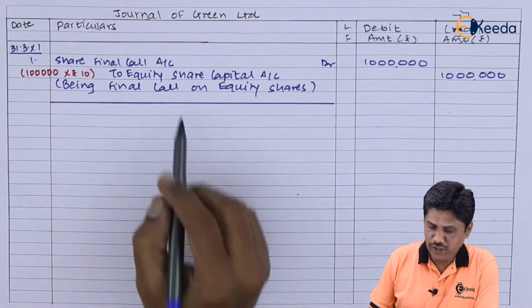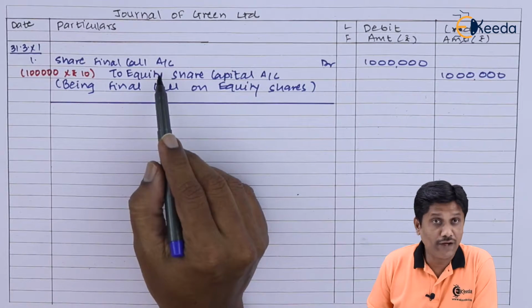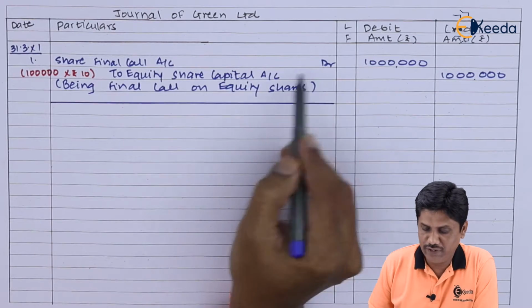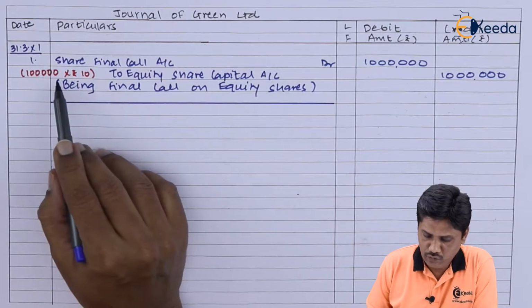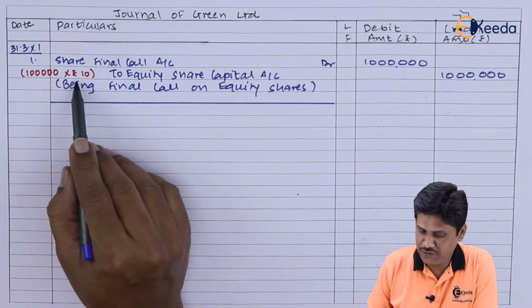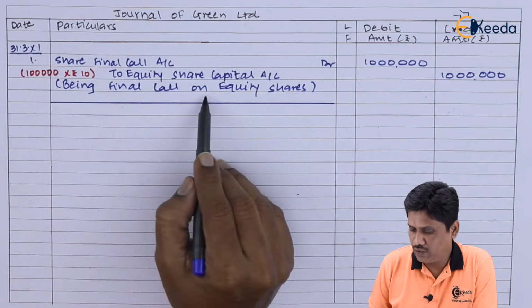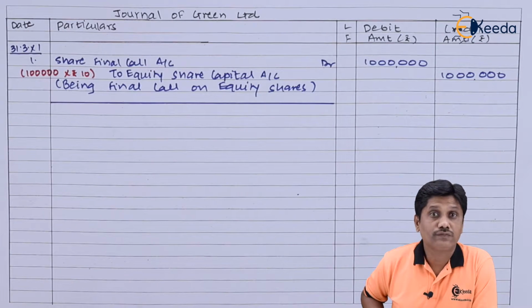Continue. Friends, you can notice it is an entry for your final call. Share final call account debit to equity share capital account. We made call on 1 lakh shares at rupees 10 per share, being final call on equity shares.